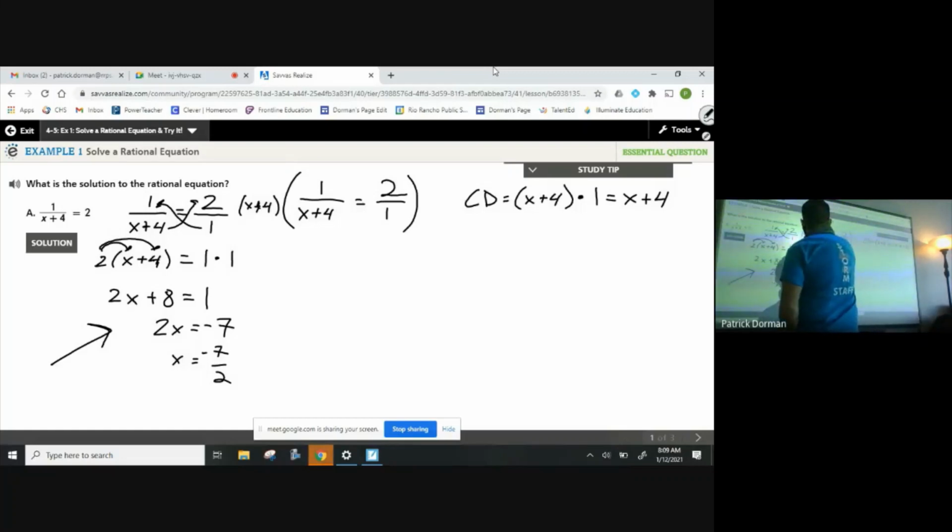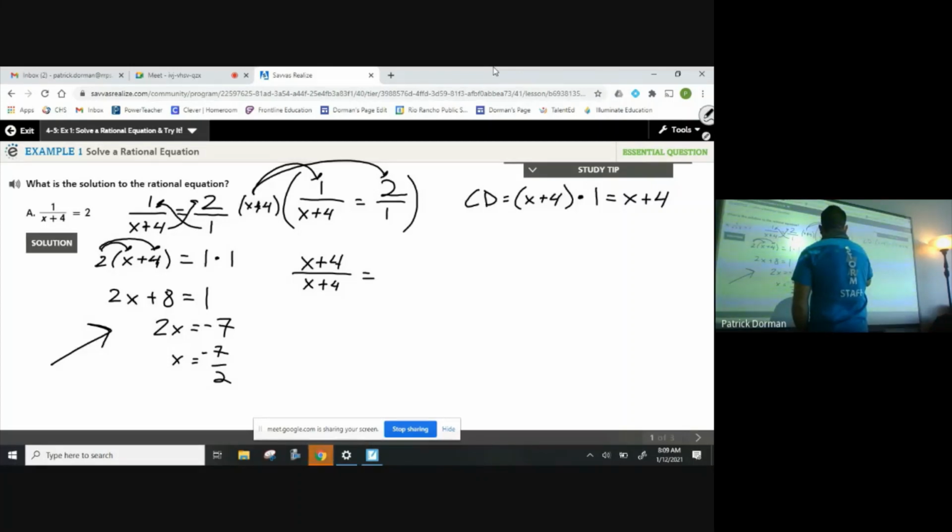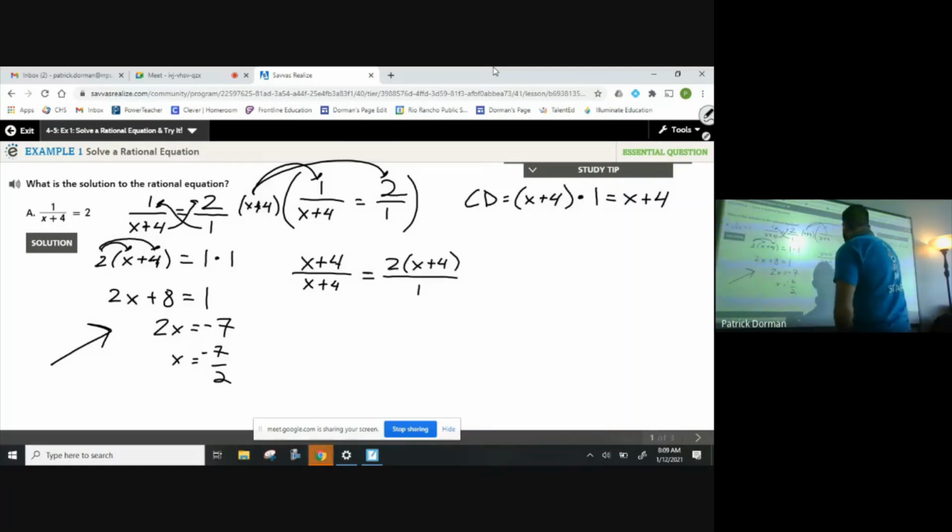So let's do that. If I multiply the x plus 4 there, I wind up with x plus 4 over x plus 4. And then I'm going to multiply it over here as well, and I wind up with, the equal sign's got to be there, 2, my bad. Let's put in a fraction. So that's 2 times x plus 4 divided by 1.